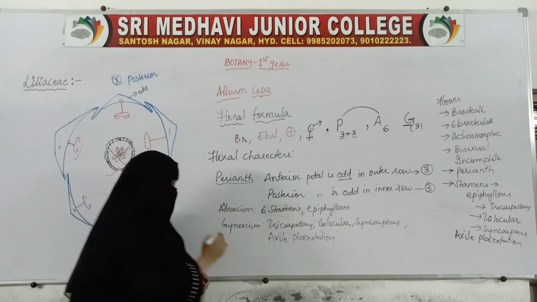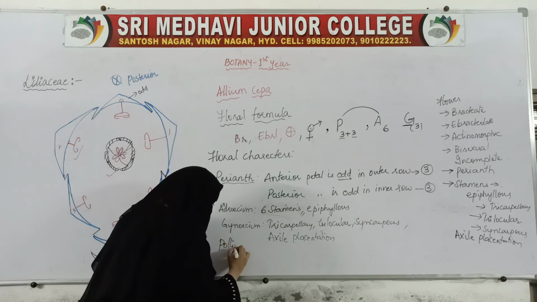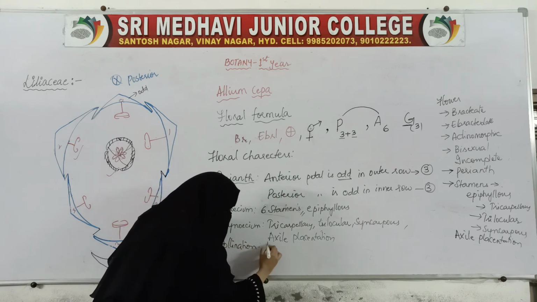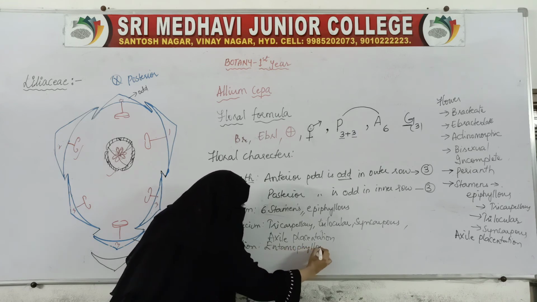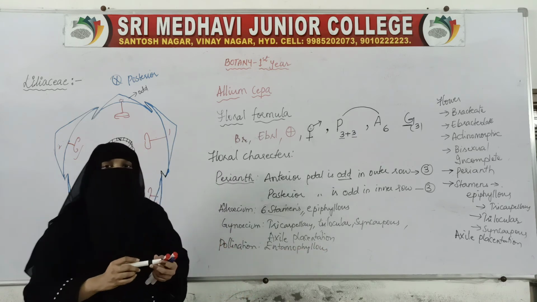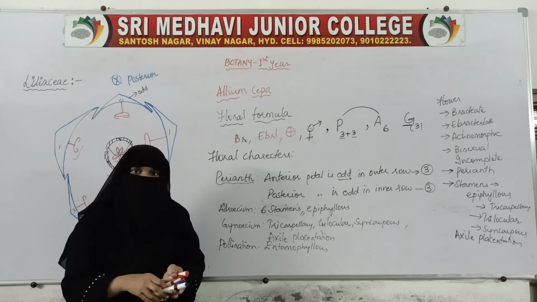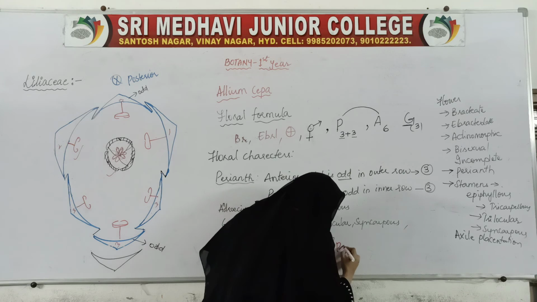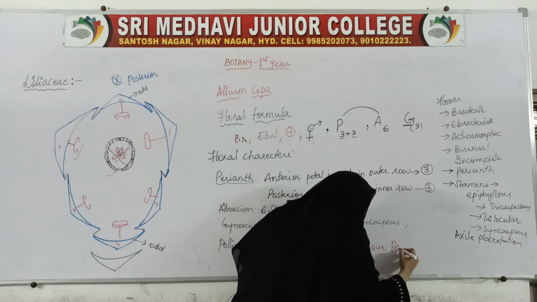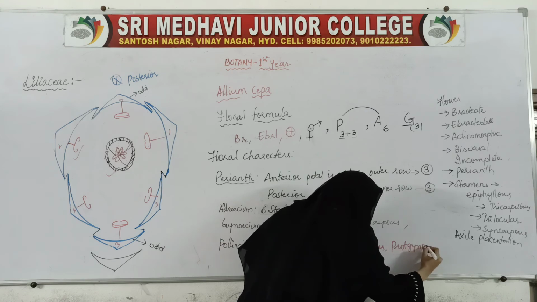And after this one, pollination. Pollination is again entomophilous, that is, pollination is taking place by insects. Some flowers are protandrous and some flowers are protogynous.